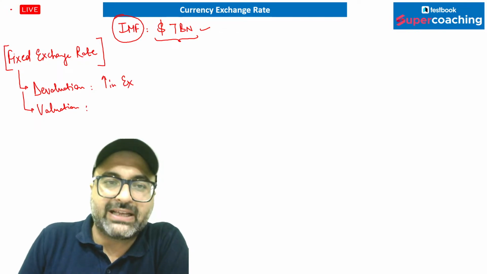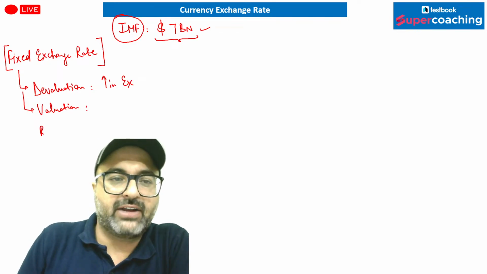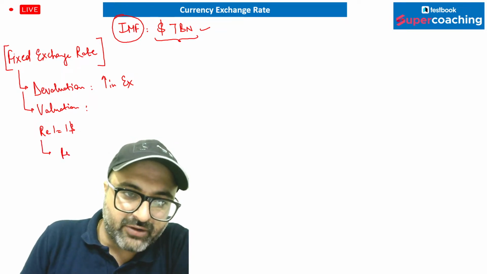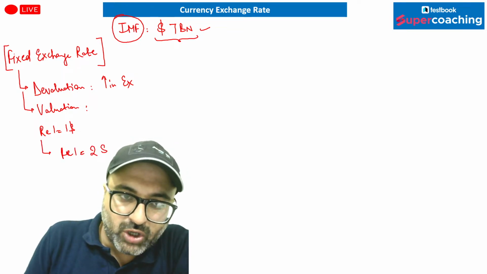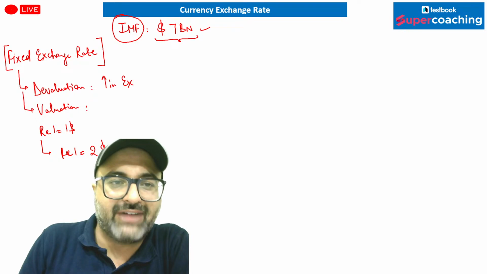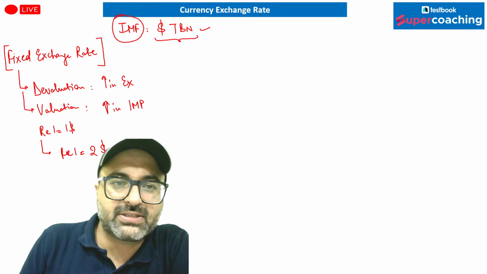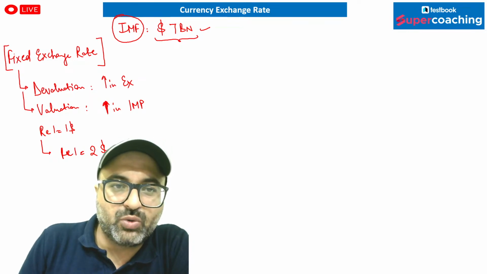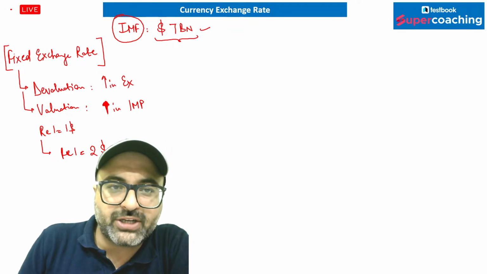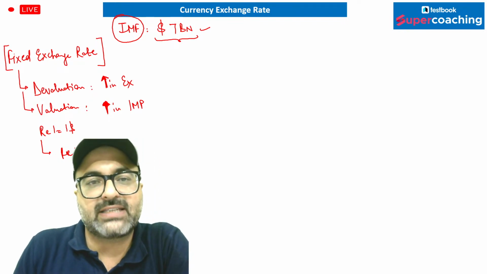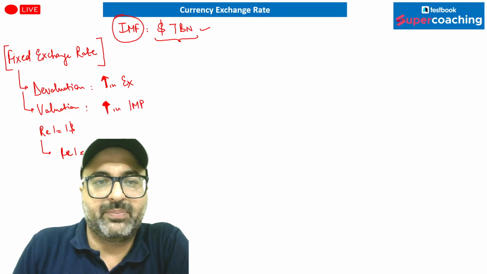And if you increase the value, say 1 rupee was equal to $1 and now 1 rupee is equal to $2, you have increased the value of your currency, and you can easily increase imports. But if you do this, you are playing with the actual laws of economy, that is, demand depends upon price.